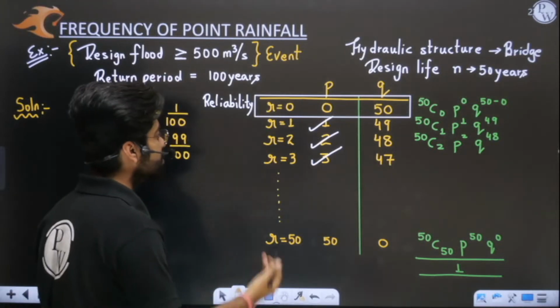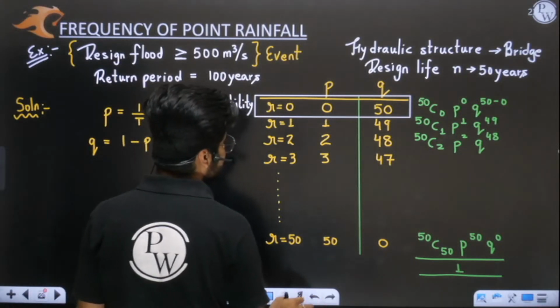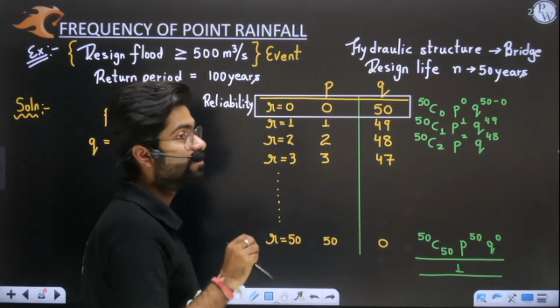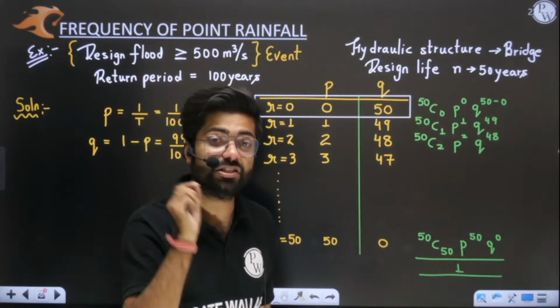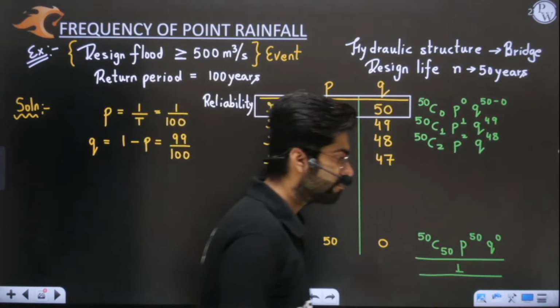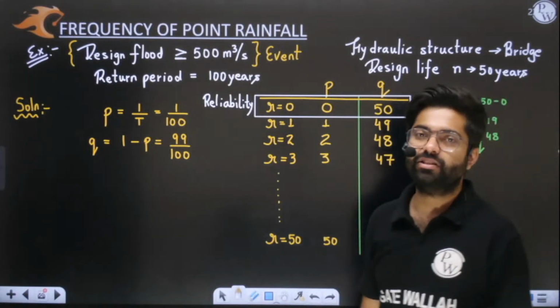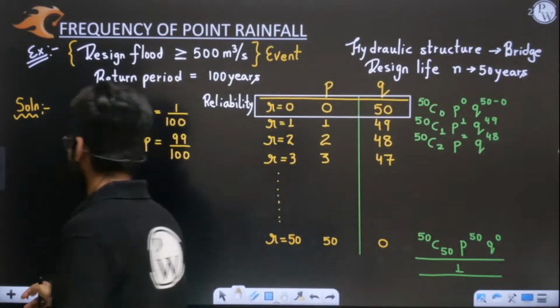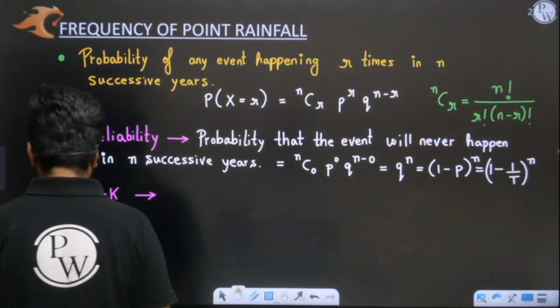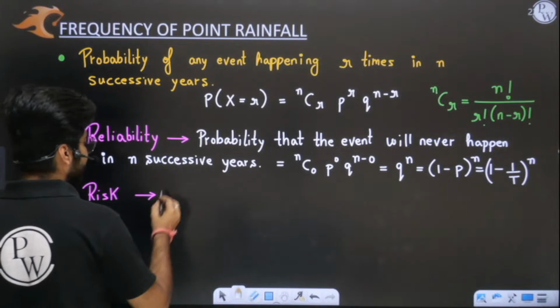So risk means that this flood event takes place at least once. You have to remember, this is the keyword. If this flood event is happening at least once, then I will say it is risk. So let me write here the meaning of risk.